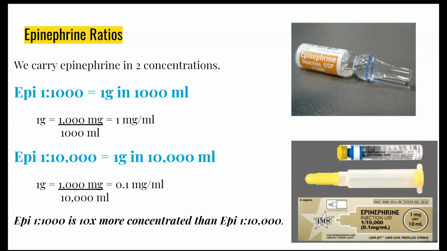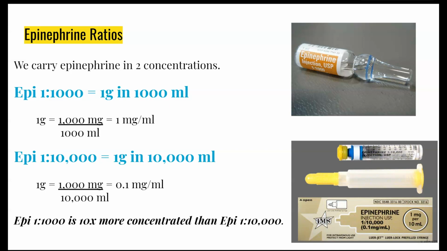So, for example, if you're on a call and you have perhaps a bad asthmatic, it's in your protocol for bad asthmatics, and you can't find your Epi 1 to 1,000, you can still give via IV 3 milliliters of 1 to 10,000 to accomplish the same amount of medication.